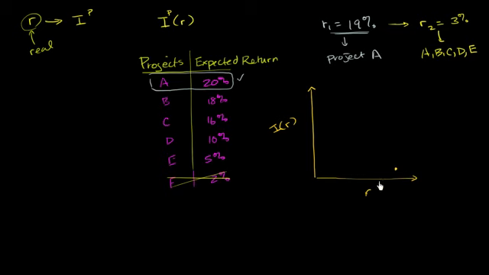We only did project A. So that's right over there. That is A only. So this is when we were at R1. And then when we lowered interest rates to R2, we had a much higher level of investment. We did all of these projects right over here. So you had a much higher level of investment. So this is A, B, C, D, and E.